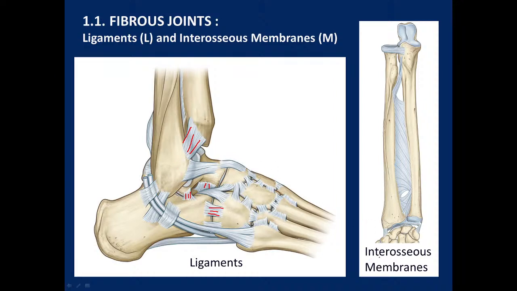The second group of fibrous joints is the interosseous membranes. It is a substantial sheet of dense, irregular connective tissue that binds neighboring long bones and permits slight movement.